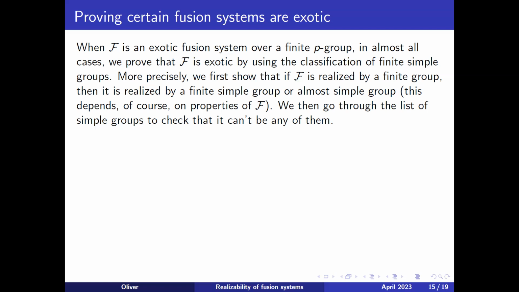More precisely, we first show that if F is realized by a finite group, then it's realized by a finite simple group or almost simple group. Of course, this technique applies only to certain kinds of fusion systems, but the ones we were looking at usually end up this way.